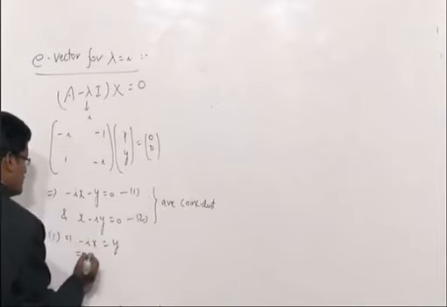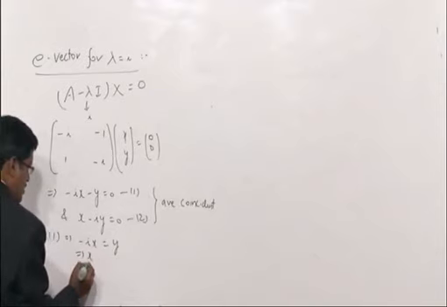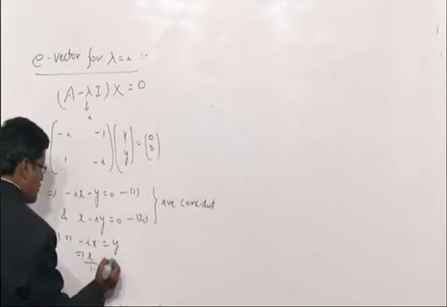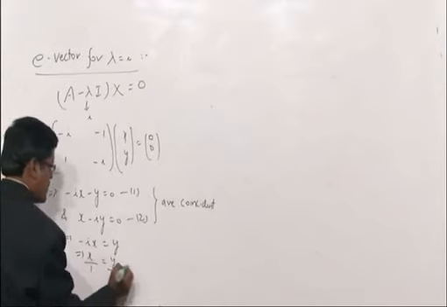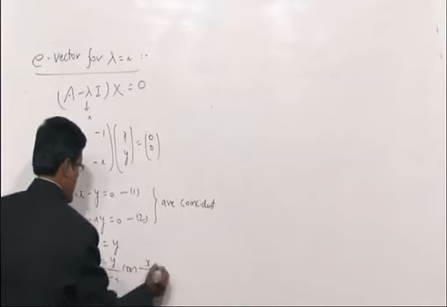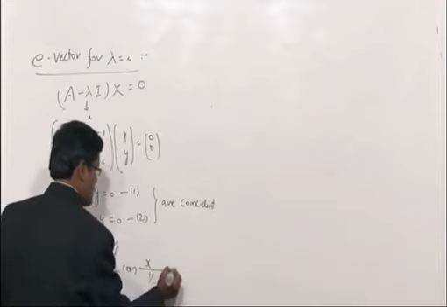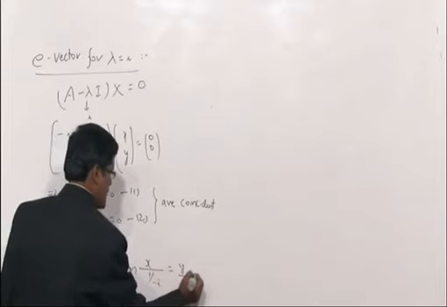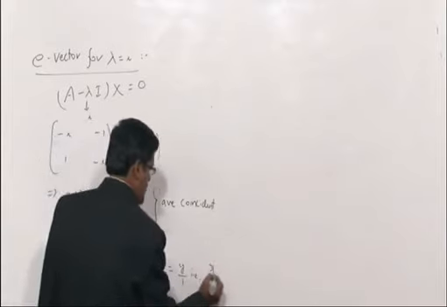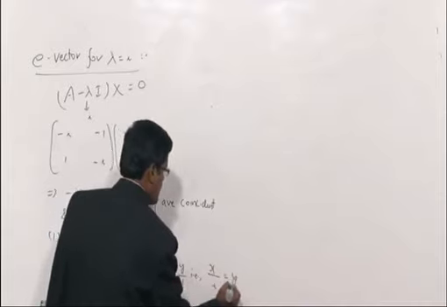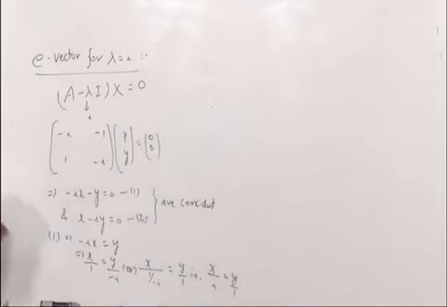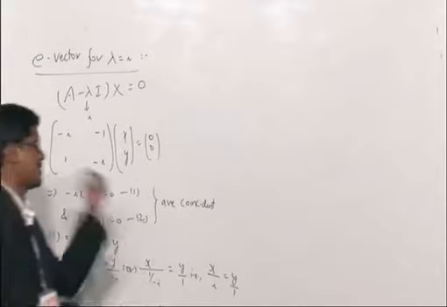This implies x by 1 is equal to y by minus i, or x by 1 by minus i is equal to y by 1. That is, 1 by i is minus i, so x by i is equal to y by 1. Depending on the options only, you express like this in simultaneous form.